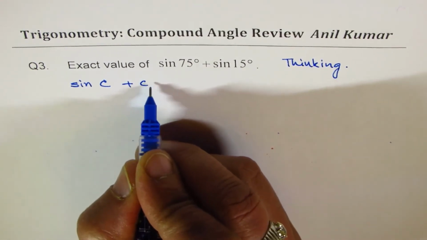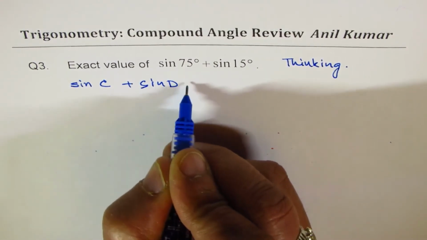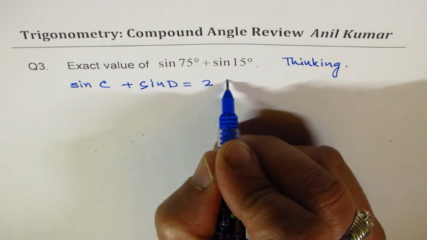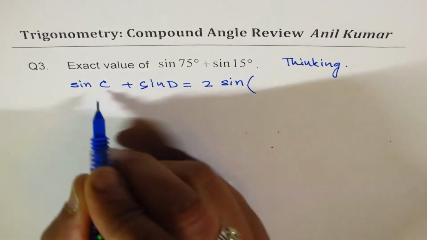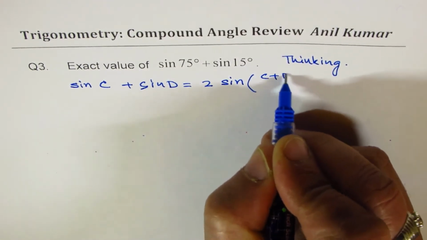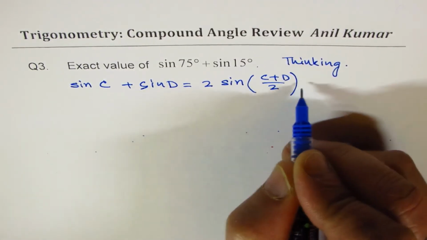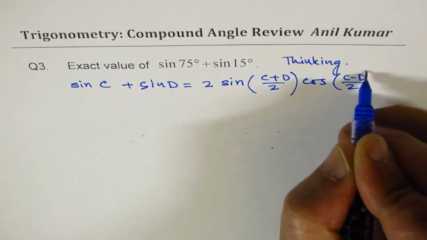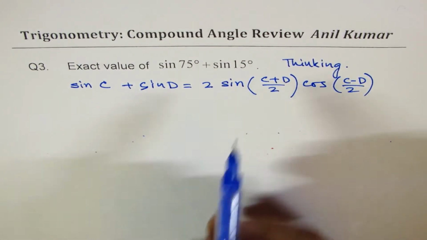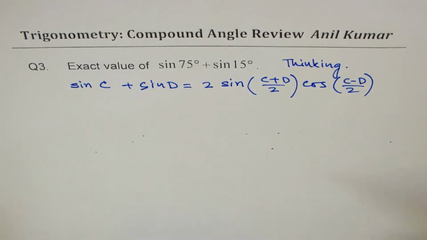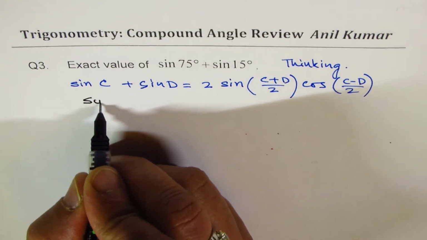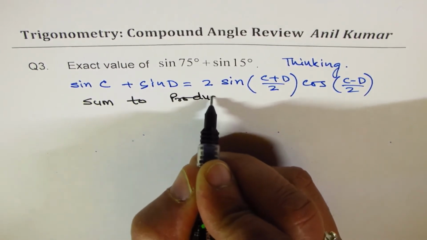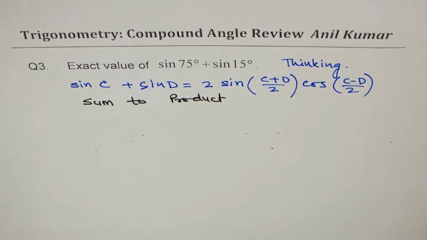Sine c plus sine d is equal to 2 times sine a cos b, where a is the sum of c and d divided by 2, and b is the difference of c and d divided by 2. So that is the formula which converts sum to product, right? So you're looking at the sum to product formula which can be applied to get this result, right?